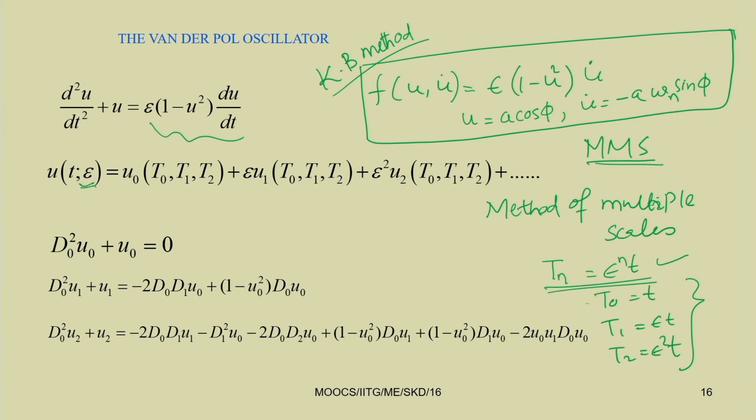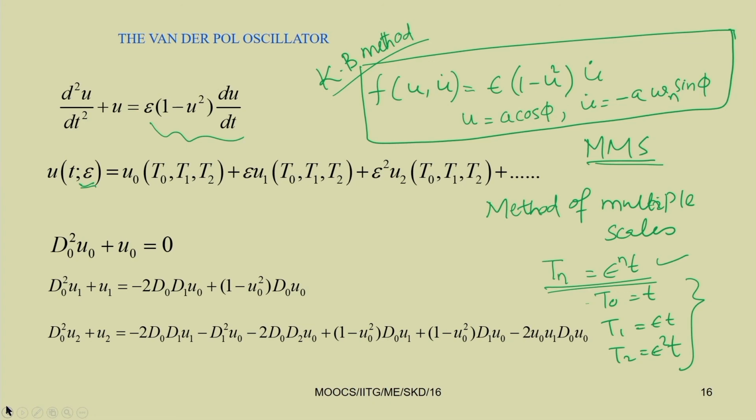So we write u equal to u0 (T0, T1, T2) plus epsilon u1 (T0, T1, T2) plus epsilon square u2 (T0, T1, T2). We can take only 2 terms, or 3 terms, or more.